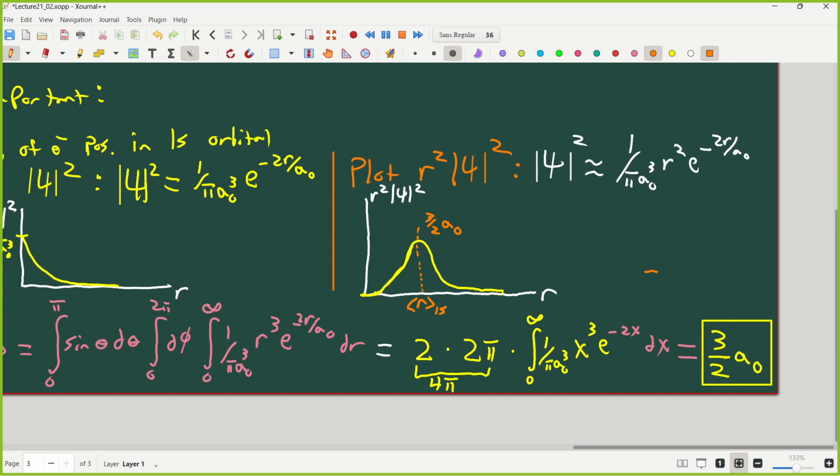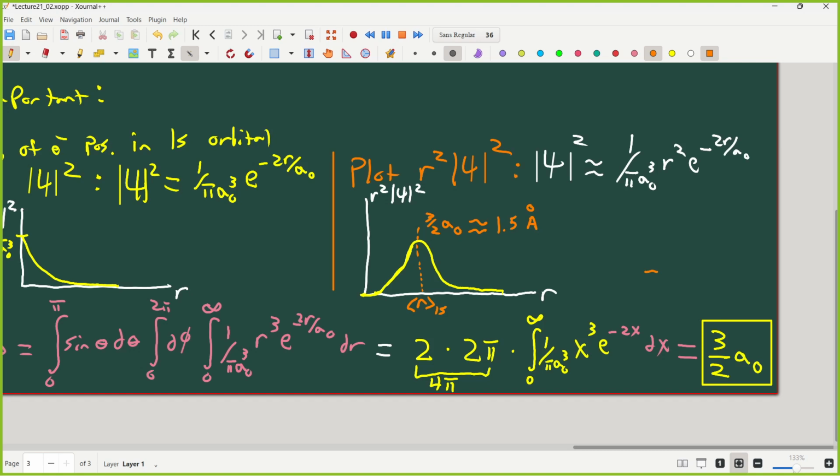And a naught, remember, is about 0.53 angstroms. So on average, the 1s electron is about 1.5 angstroms away from the proton. That's how far it is.